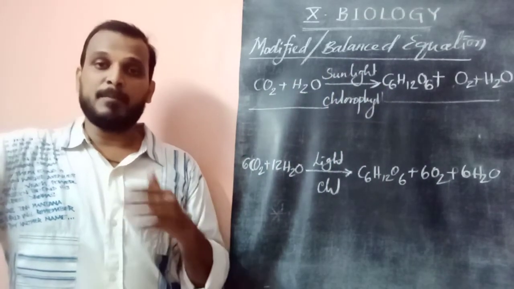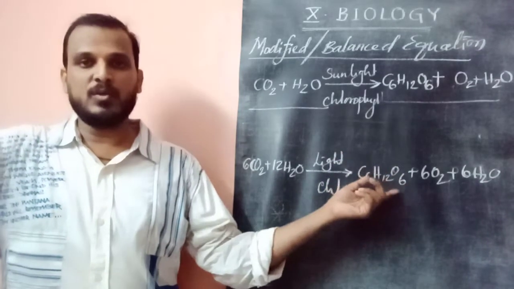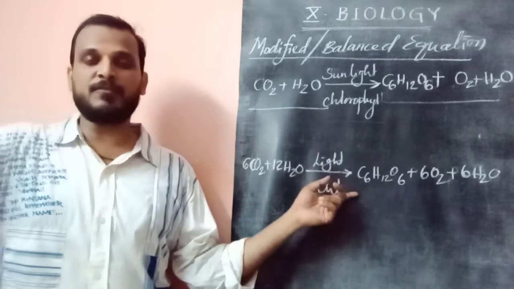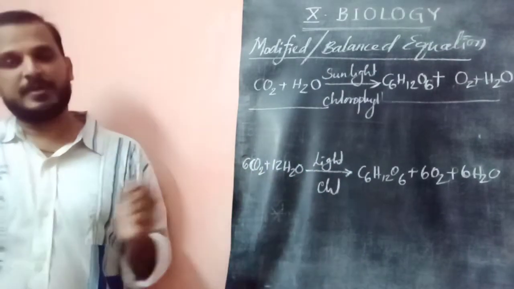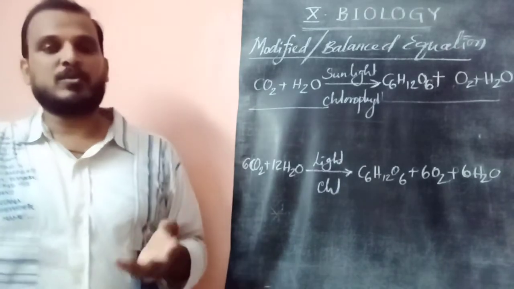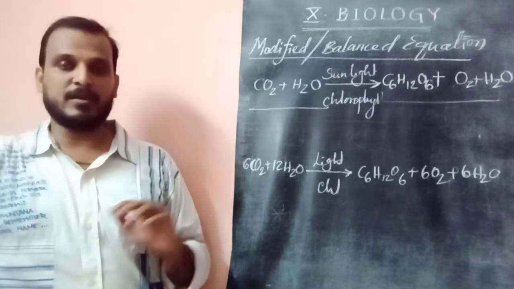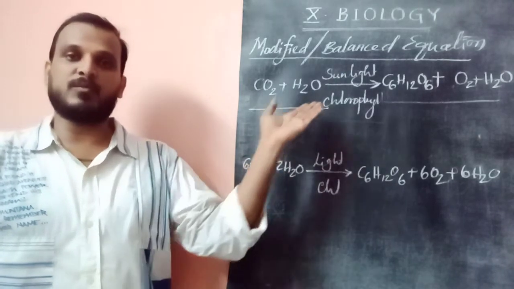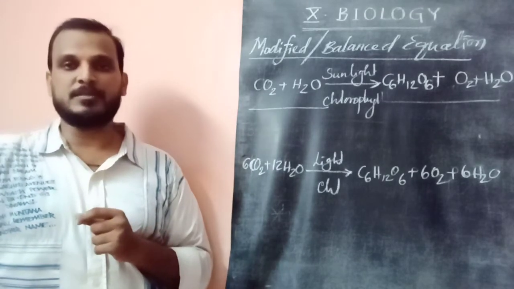But the carbohydrate we gave in this modified equation is glucose. As it is modified, it should be balanced. That's why it is called a balanced or modified equation. In the notes, I am going to send you what is a balanced equation, what is modified, and what is the simple and basic equation of photosynthesis.